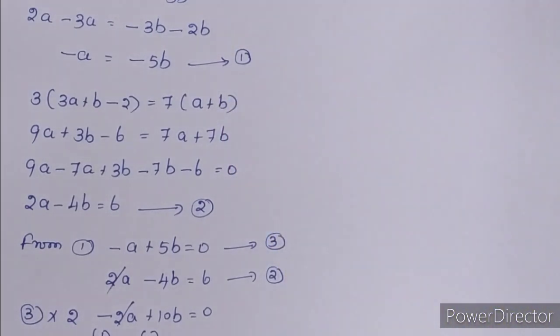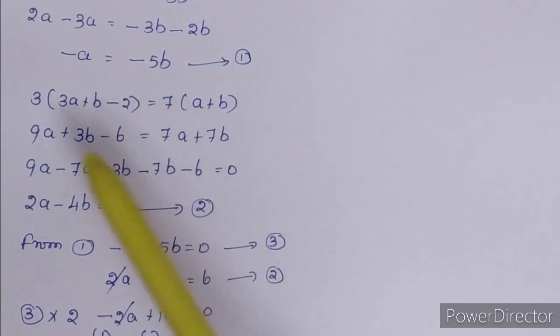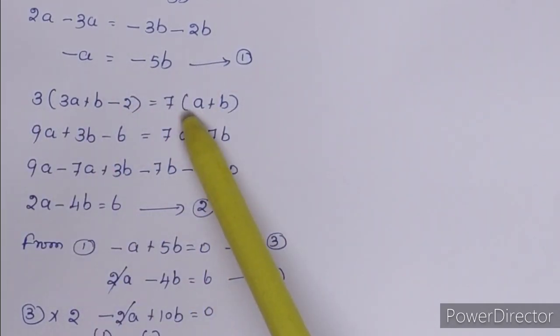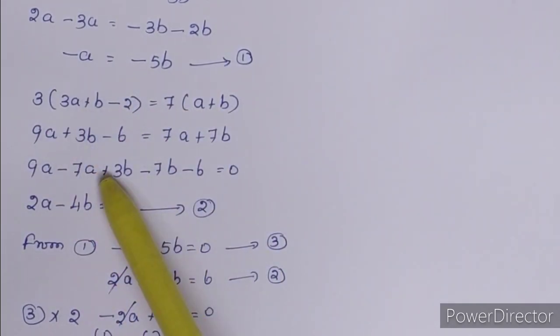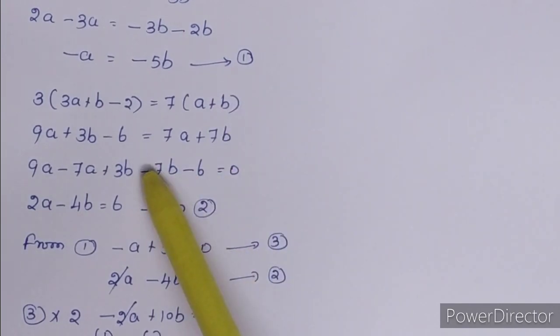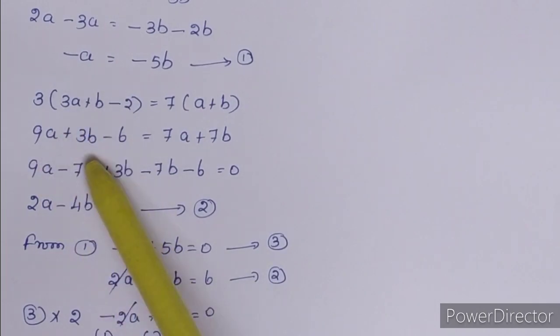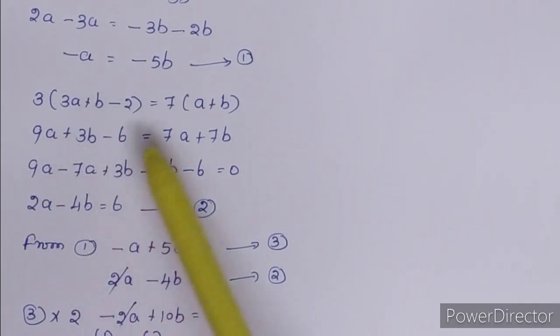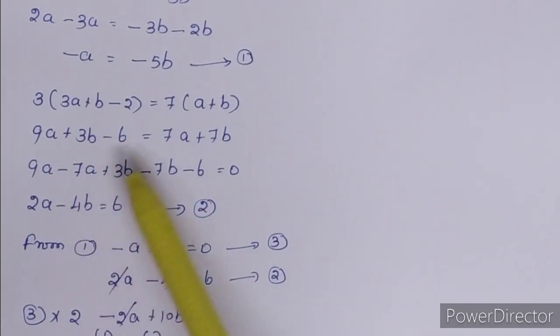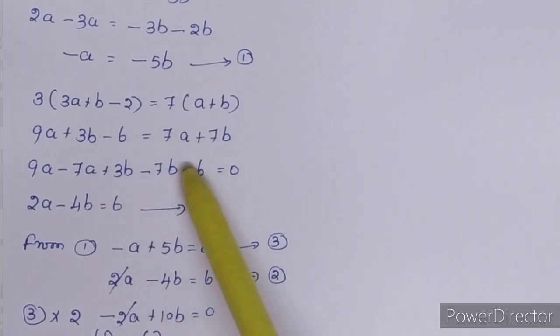So bringing everything to one side and equating to 0: 9a minus 7a plus 3b minus 7b minus 6 is equal to 0. 9a minus 7a is equal to 2a, plus 3b minus 7b is equal to minus 4b, which is equal to, taking minus 6 to the other side, plus 6. So this is the second equation.